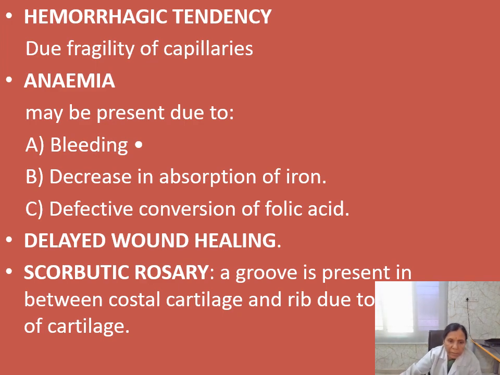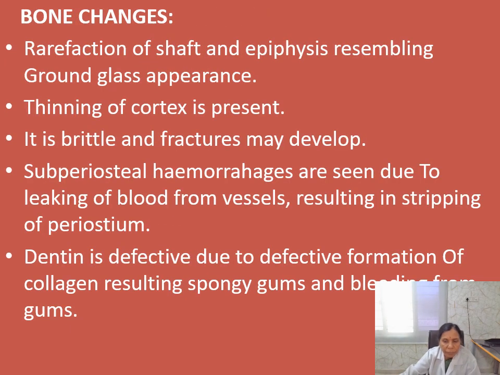Delayed wound healing is another one, and scorbutic rosary is one of the things you can see in vitamin C deficiency. That is, a groove is present in between the osteal cartilage and the rib. That is scorbutic rosary. Bone changes are rarefaction of the shaft of the bone, and epiphysis resembling a ground glass appearance.